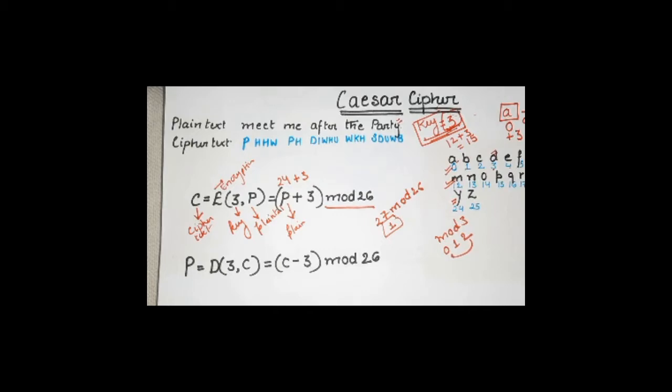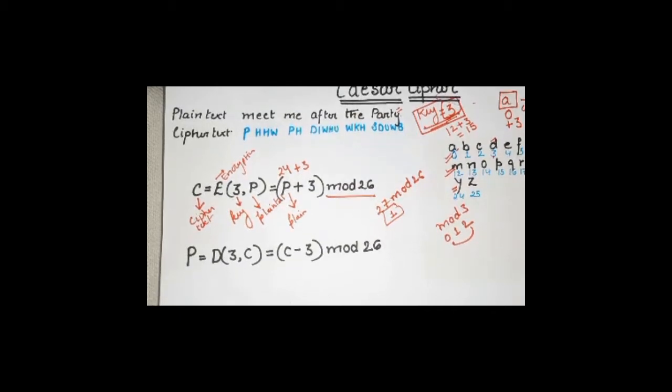So that is the formula for converting plain text into ciphertext. Now when we want to do the reverse, it's not only about encryption, we also need to do decryption. And since we're talking about symmetric methodology, both encryption and decryption are going to use the same key.